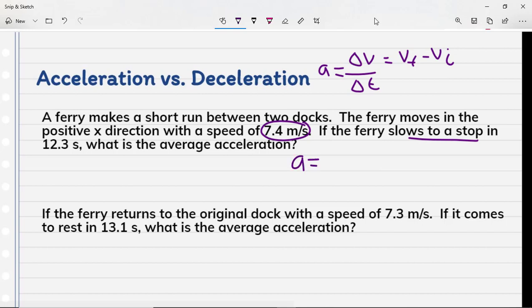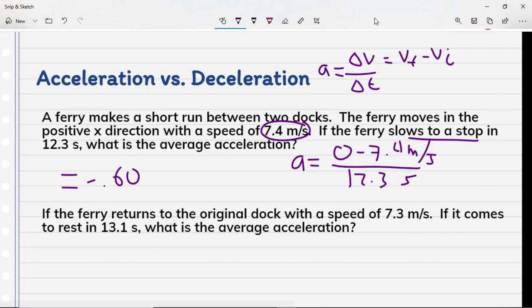So we just plug in our numbers. So 0 minus 7.4, over a time of 12.3 seconds. Probably include our units here. What we're going to get at the end of that, when we divide, is negative 0.60 meters per second squared.